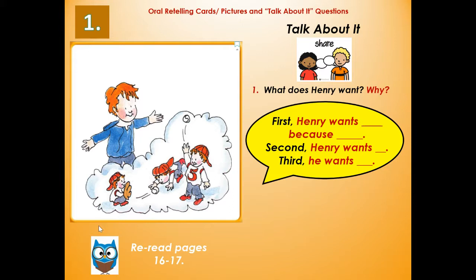Second, Henry wants, and then finally third, he wants. What were the 3 things he asked for? Say it in a complete sentence and I'll give you time to say it out loud. First, second, third.